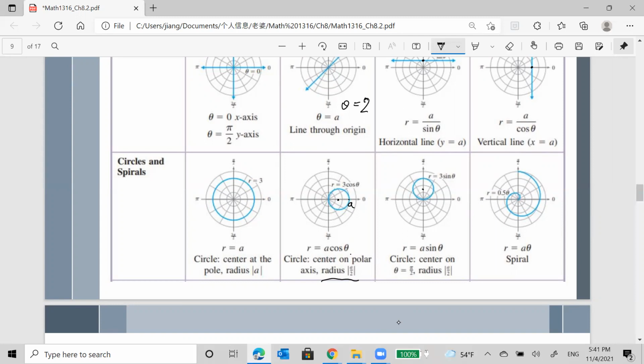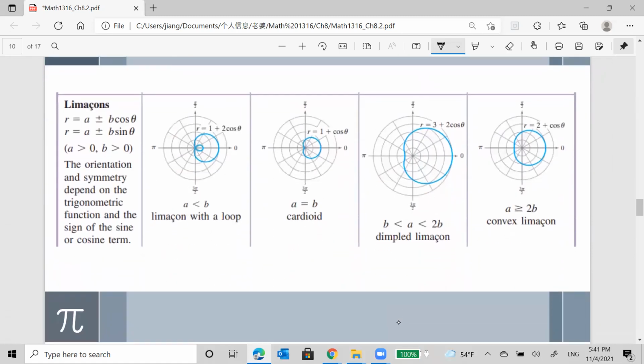That means it's going counterclockwise, because this is theta. We're going counterclockwise for the positive value. And then theta is increasing, r is increasing. So it's going this way, all the way around. So that's a spiral.